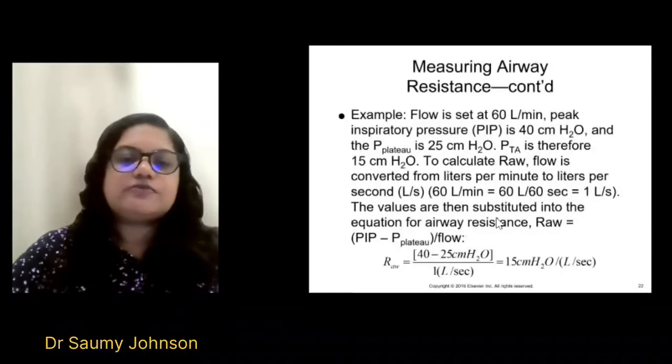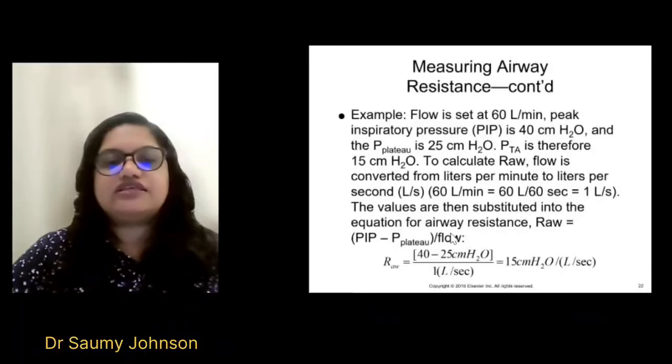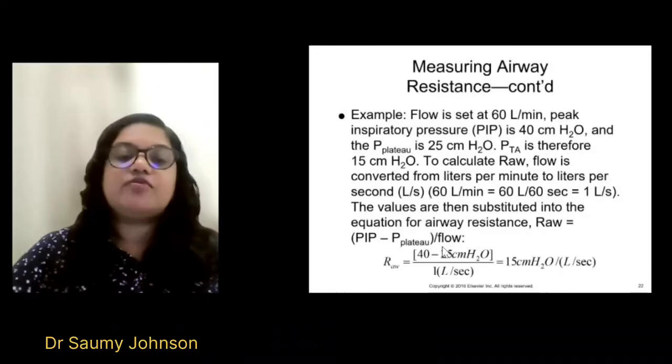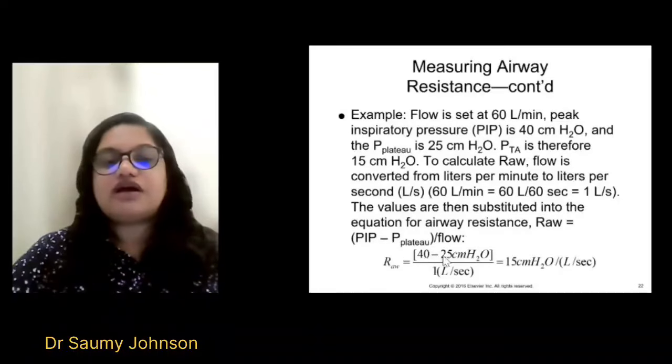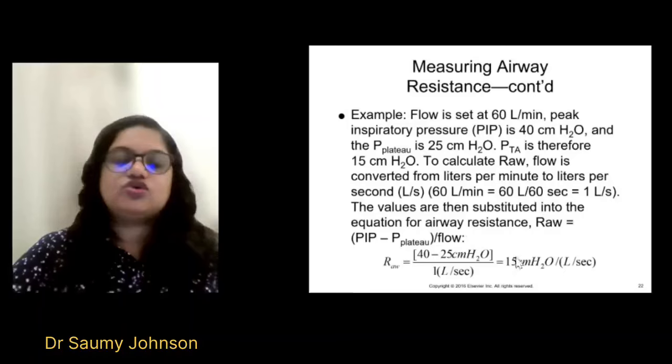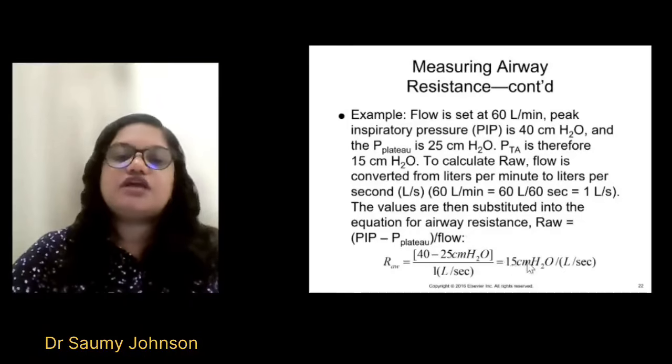Then if you substitute the values, we get this equation: airway resistance is equal to PIP minus P plateau divided by flow. So 40 minus 25 centimeters of water divided by 1 liter per second. That becomes 15 centimeters of water per liter per second. So the airway resistance becomes 15, which is very high.